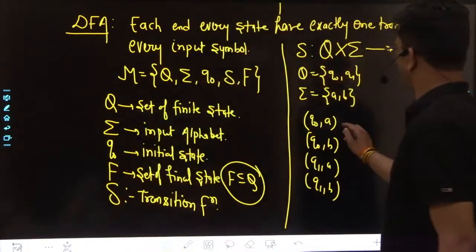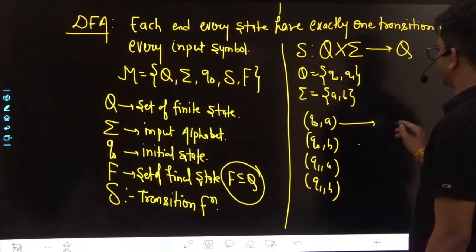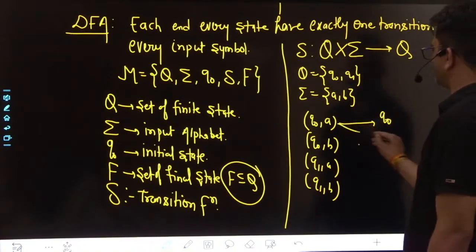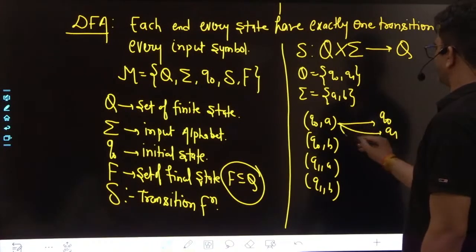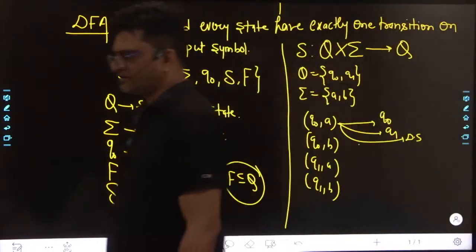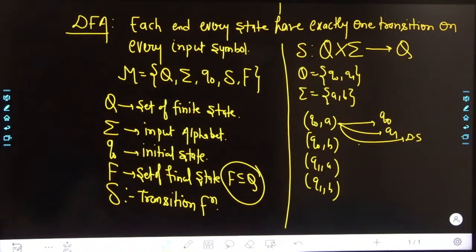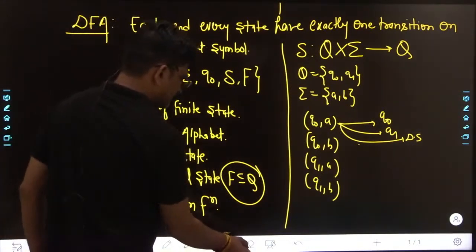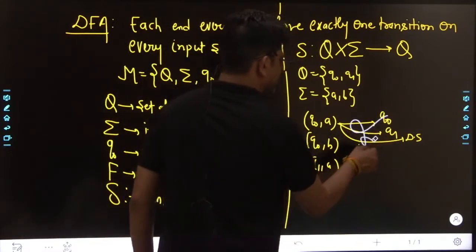So it will move to exactly one state. Either it goes to Q0 or it goes to Q1 or it goes to the dead state. We'll see what the dead state is. We can represent it like this.